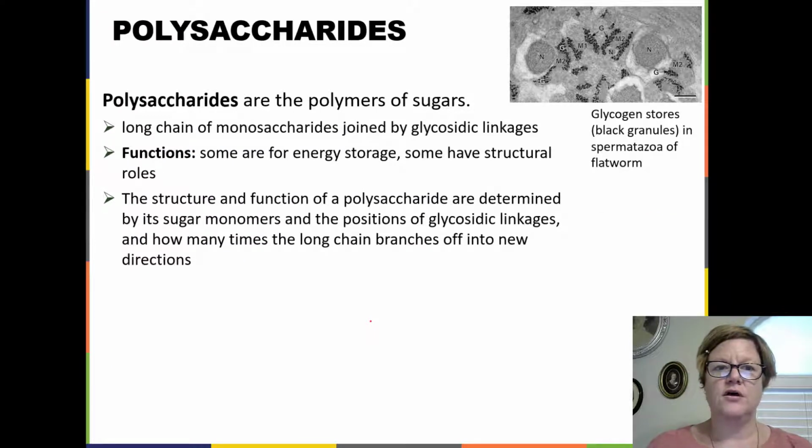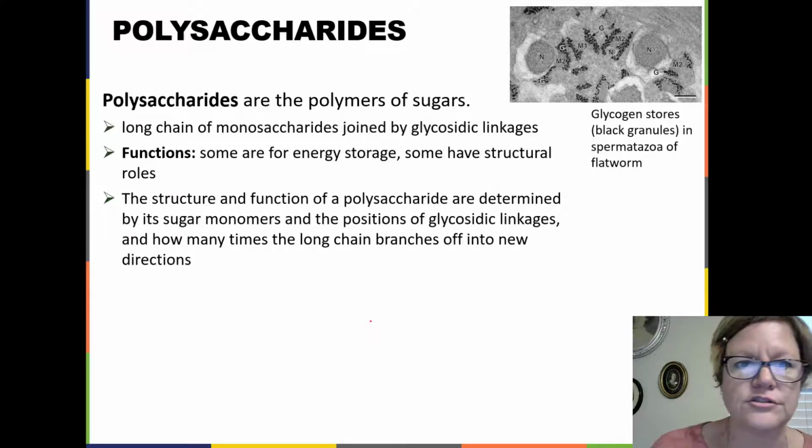When you have a very long chain, more than just a few sugars joined together, we call it a polysaccharide. And there's a few types of polysaccharides that you want to focus on. Some polysaccharides are in animals, some are in plants, and those are slightly different. Most polysaccharides that we're going to discuss are made of glucose, and that's why I want you to memorize the glucose structure specifically.